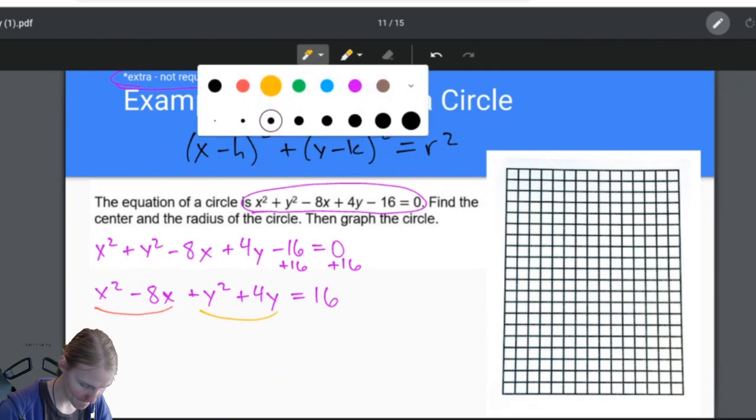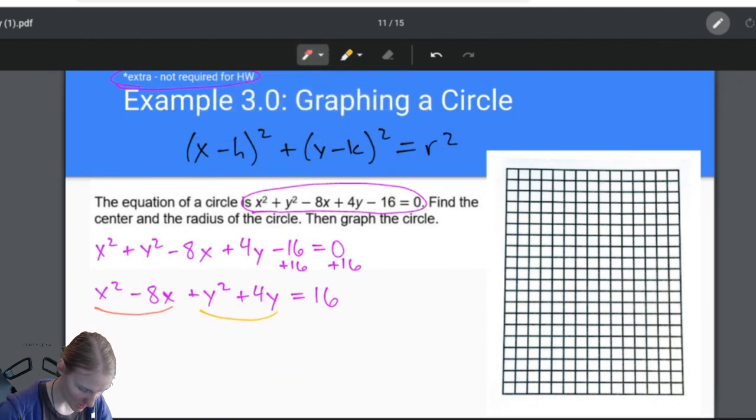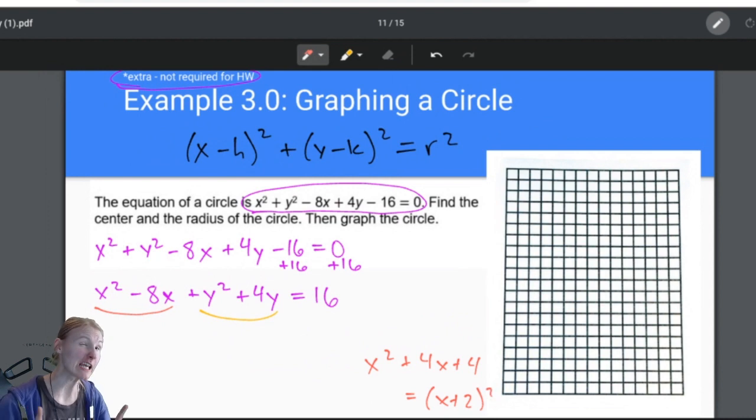Now, remember that when I had my x squared plus 4x plus 4, that was actually equal to (x plus 2) squared. Hopefully you remember from algebra that whatever b is, if I take half of that, which is 2 in our case, and I square it, that's how I get the c right here.